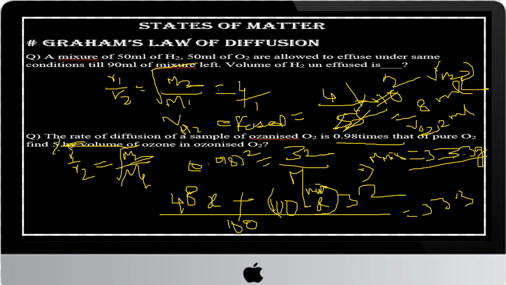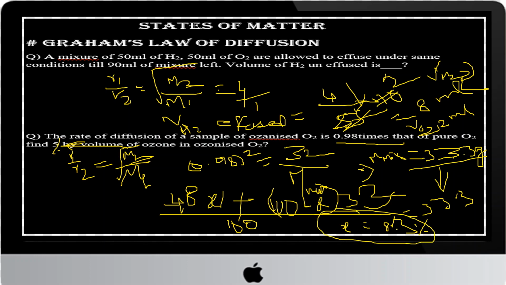Like finding atomic weight by relative abundance, same model. 48 is the molecular weight of ozone, 32 is the molecular weight of oxygen. Let us assume the volume percentage X for ozonized oxygen, 100 minus X for the oxygen, and 33.3 is the molecular weight of ozonized oxygen. Finding this, you get the X value as 8.3%. It's 8.3%. Check it once.